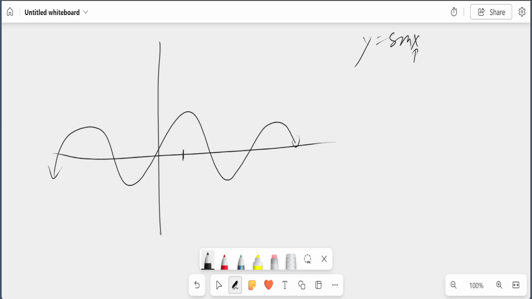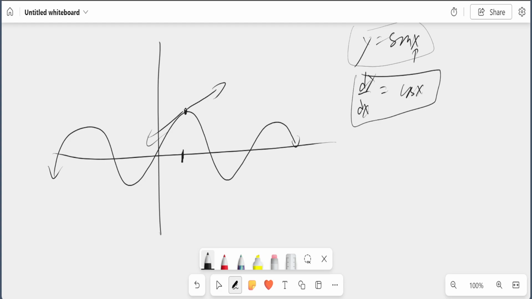If we plug in an x at some point, we're going to get our y value, right? dy dx works in the same way. So cosine x, right? We need to plug in an x value. This is basically a function where we say, I'm going to input an x value, and I'm going to get the slope of the point of our original function at that x value, right?